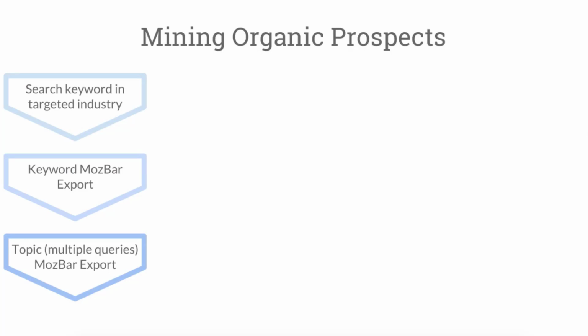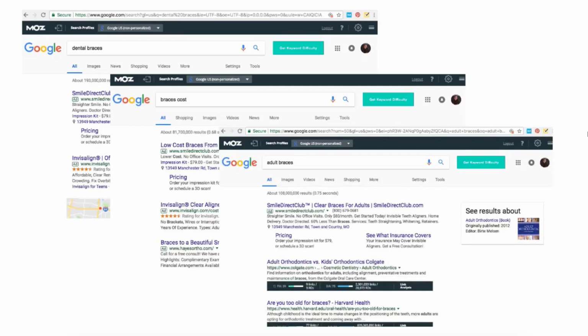So let's move on to the next step, which is performing that exact same action for several similar queries that fall under that topic. So we looked up dental braces and performed that export. Now we're going to look up braces cost and adult braces.